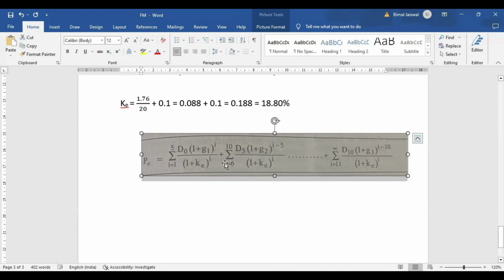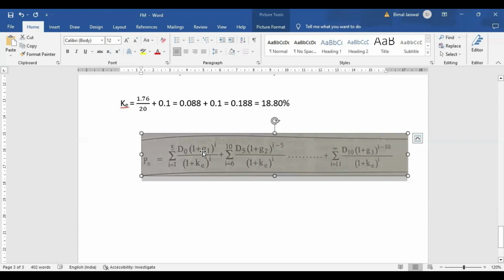Then from the 6th year to the 10th year, it is growing at the rate of 6%, which has increased, we can say G2. And from the 11th year to an indefinite period, it is growing at a constant rate of 3%.